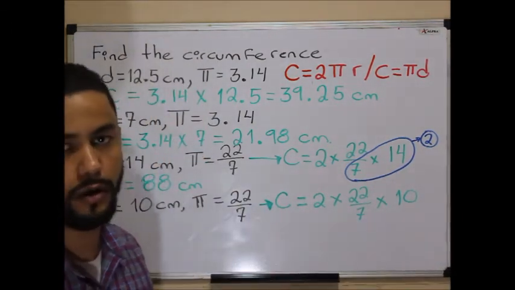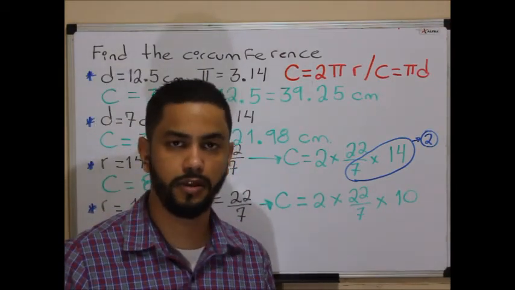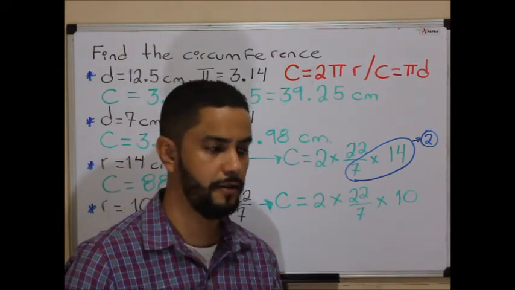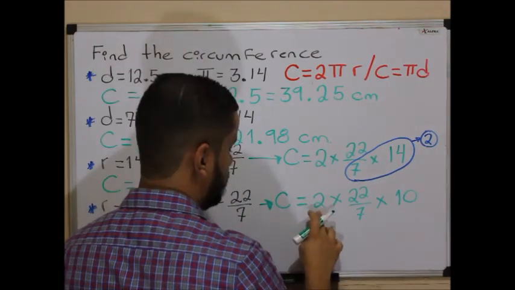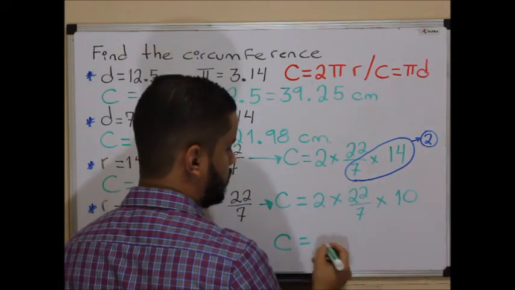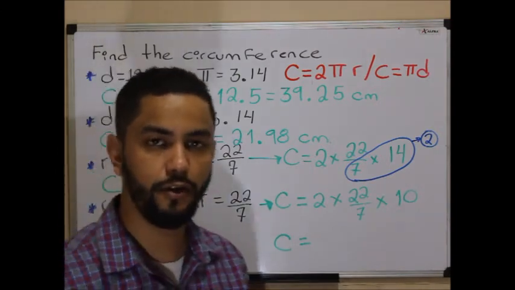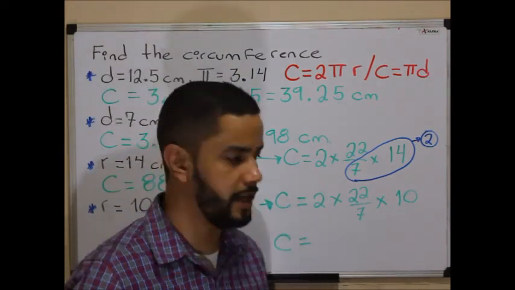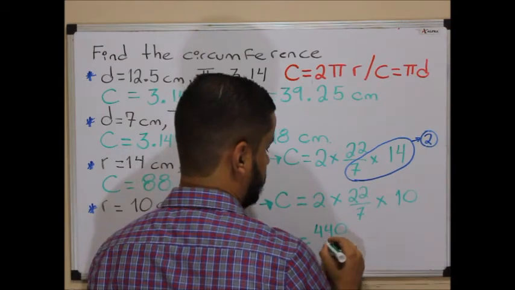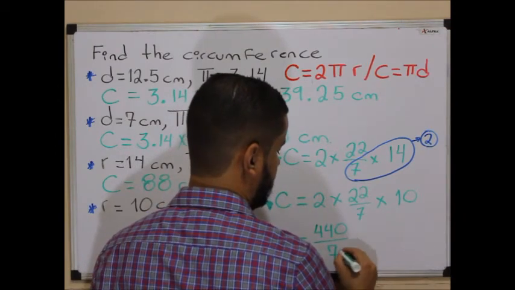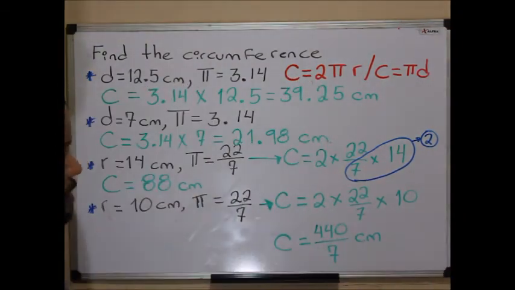No. So we're going to make the multiplication of all the numerators. So our circumference will be equal to 2 times 22 is 44. 44 times 10 is 440 over 7 centimeters. And there it is, our solution.